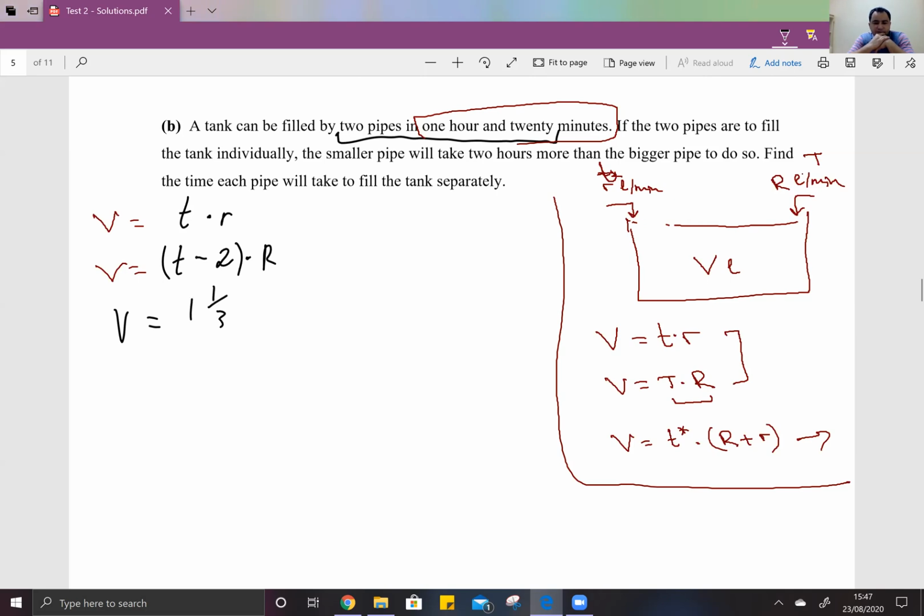So it is 4 over 3. Okay, that's it. From the first and second equations, we can find small r and capital R in terms of V and T, right? And substitute in the third equation, then we get the answer. Yeah.